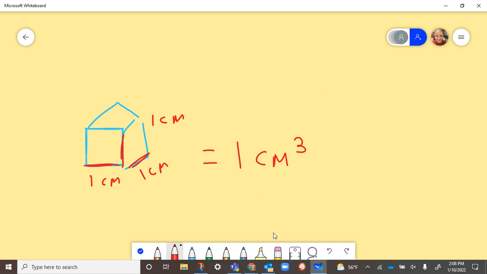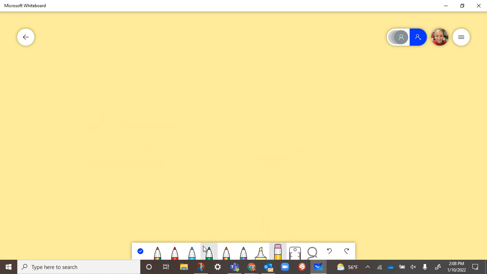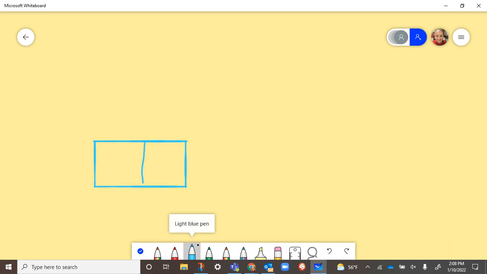And so when we put several of them together, so let's say we have 4 of them stacked together, and we made a layer. So this had 4 blocks. That was 1 layer. And then we added another layer and another layer on top.